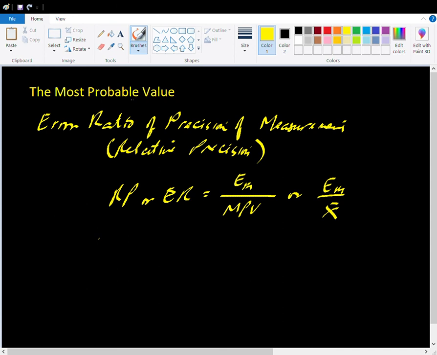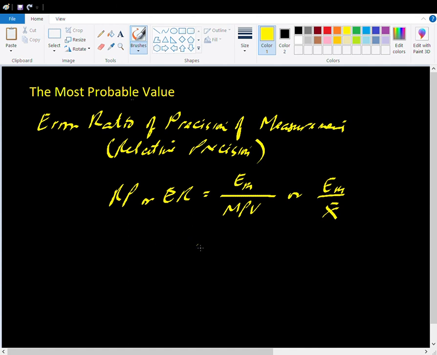So say the reliability for measurement in trial 1 is different from the reliability or precision of measurement for trial 2. So in that case, our most probable value will be calculated differently. So this is for measurements on a single quantity done under the same degree of precision.